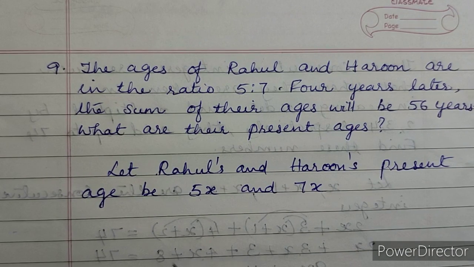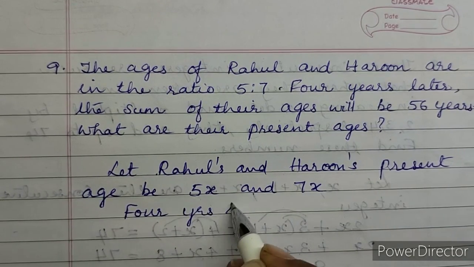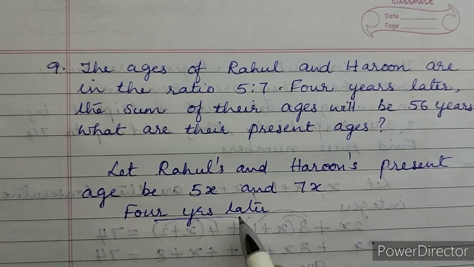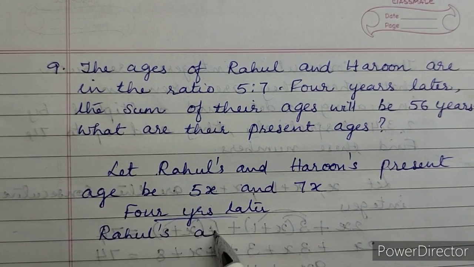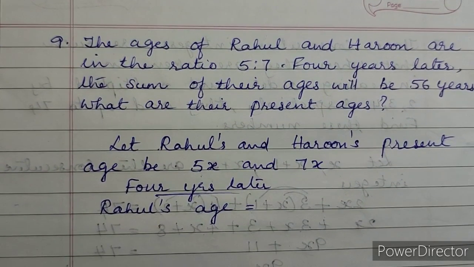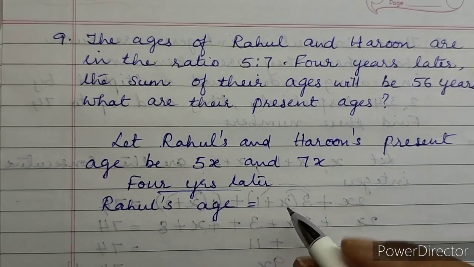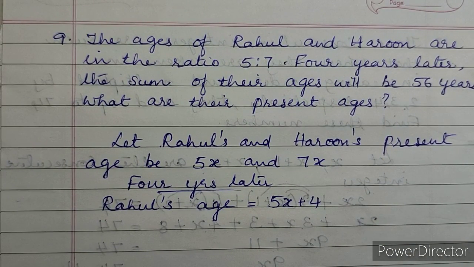Now 4 years later, in the heading you write after 4 years or 4 years later. Rahul's age. What will be Rahul's age? Present age is 5x. So after 4 years, how much will it be? 5x plus 4. So if your age is 8, after 4 years how much will be your age? 8 plus 4.